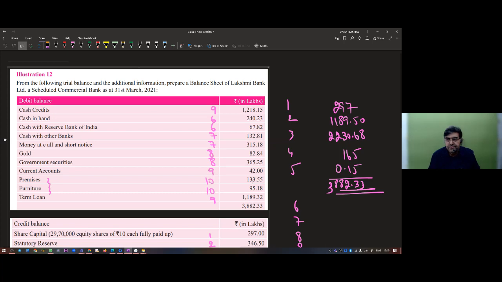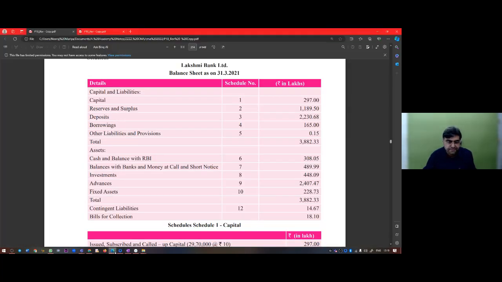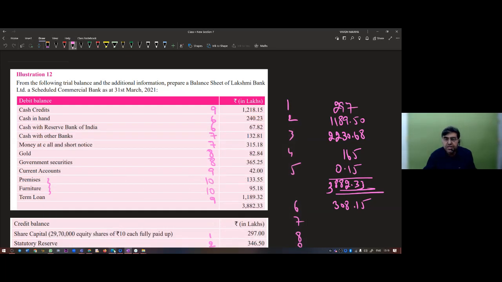Now, schedule 6 is 40.33, 308.15, 240.23 plus 67.82.